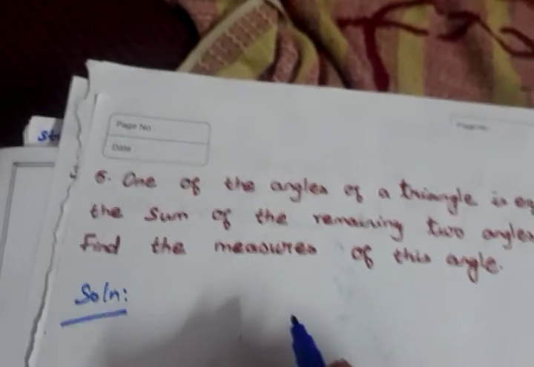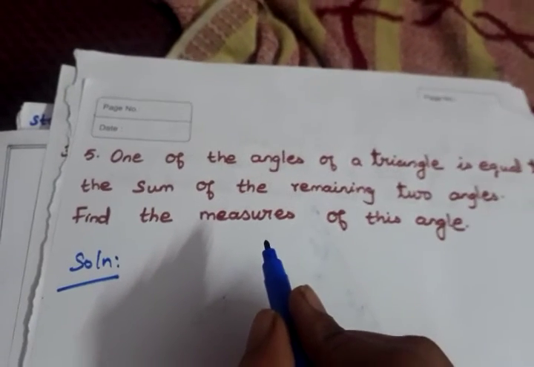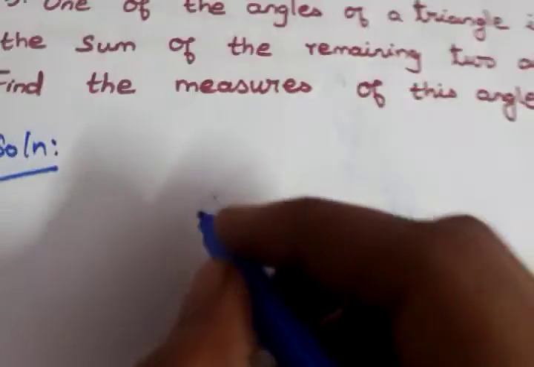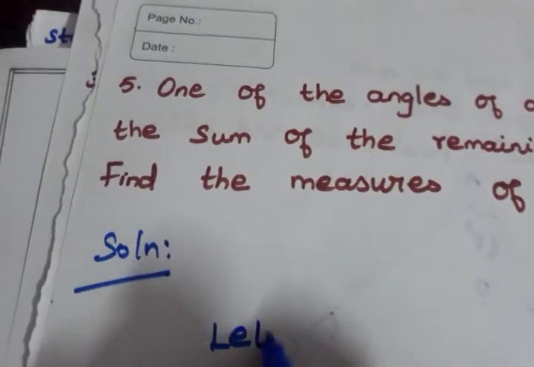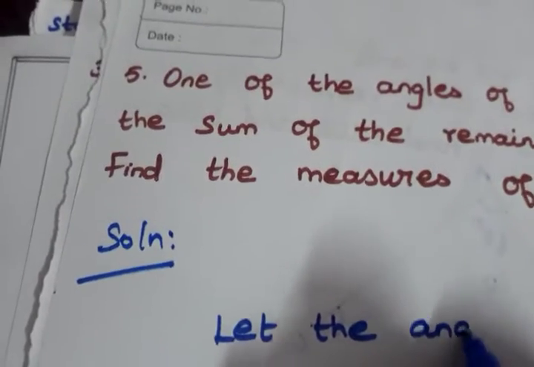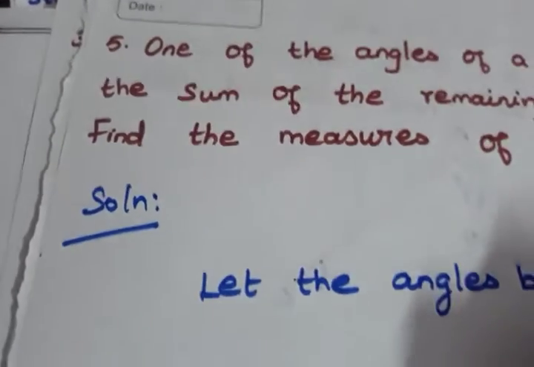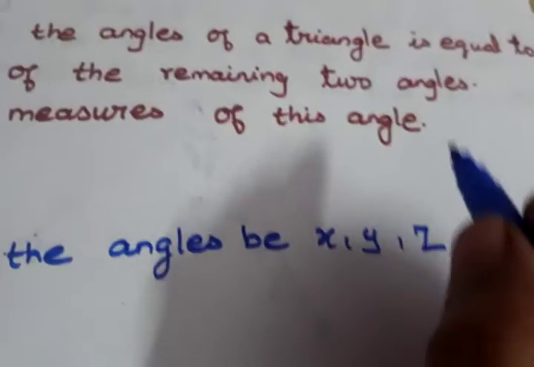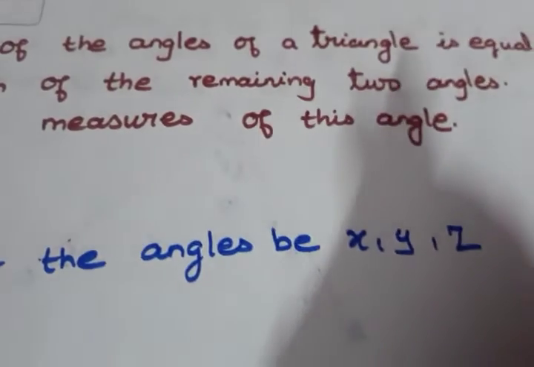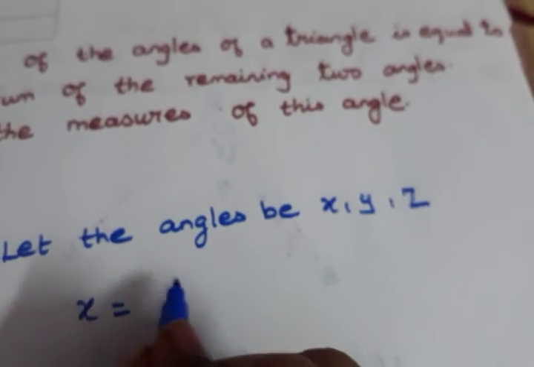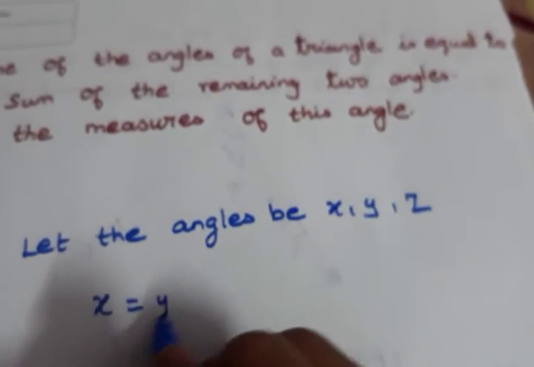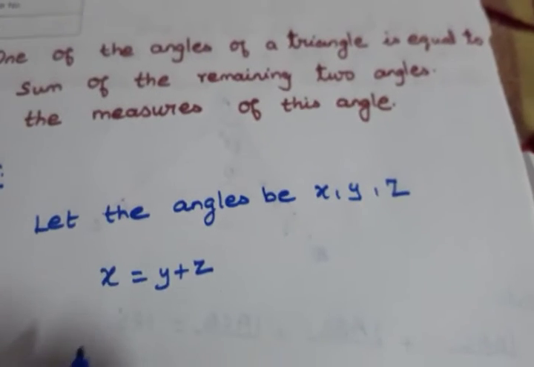Find the measures of the angles. Solution: let the angles of the triangle be x, y, z. Take angle x equal to the sum of the other two angles, so x equals y plus z.